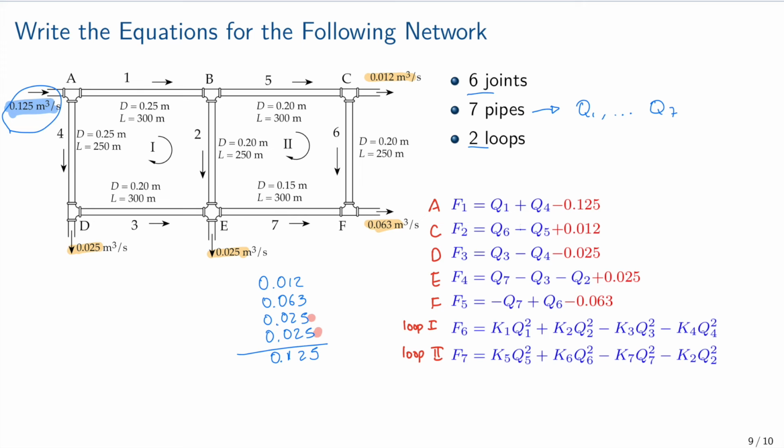So that, by the way, should be equal to 0. The equation for C, for example, is this one. So we have an outlet of 0.012, so outlet positive, also outlet of 6 positive, and an inlet of 5.